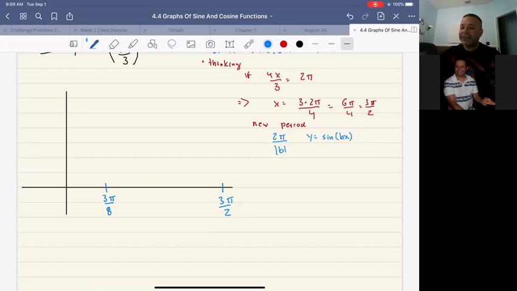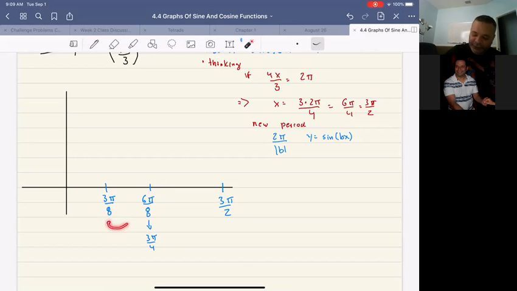Now the second mark is going to be at twice that. 2 times 3 pi over 8 is 6 pi over 8, which actually reduces to 3 pi over 4. And then the next mark is going to be 3 times this 3 pi over 8.